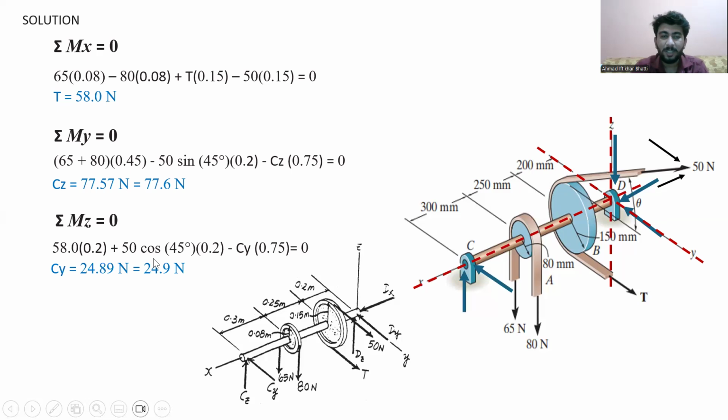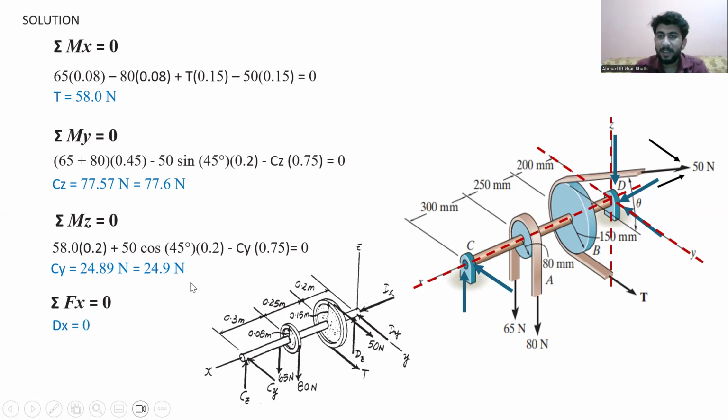So we use the cos component, and it also has a perpendicular distance of 0.2 meters, and we have the CY force, which has a perpendicular distance of 0.75 meters, and you see it is moving in the clockwise direction with respect to the z-axis. So we get the reaction force at the bearing C in the Y direction, which is 24.9 Newtons.